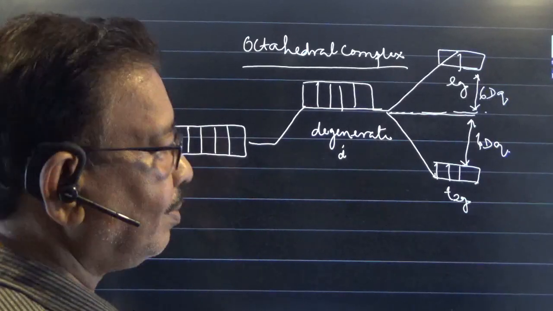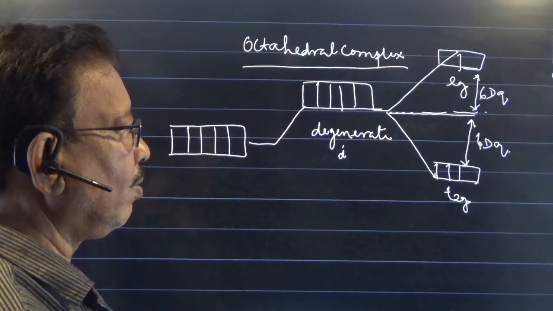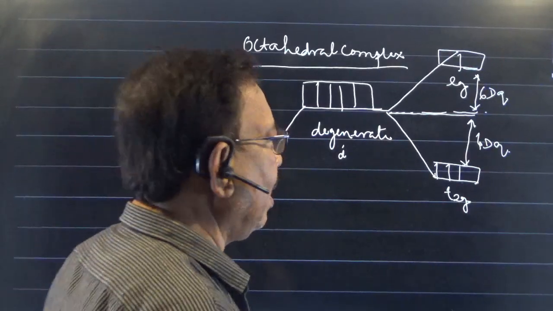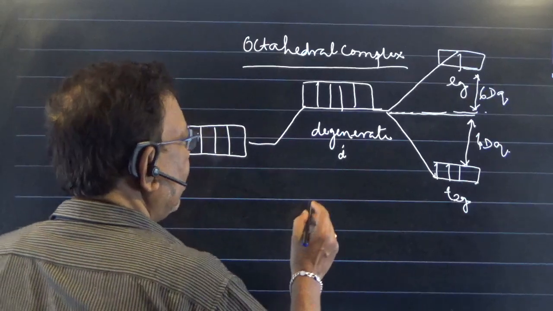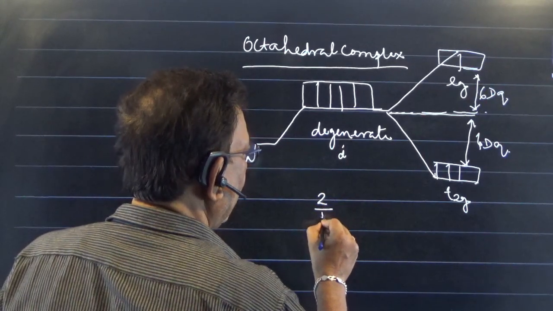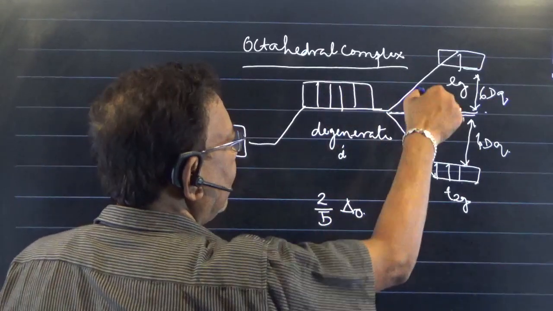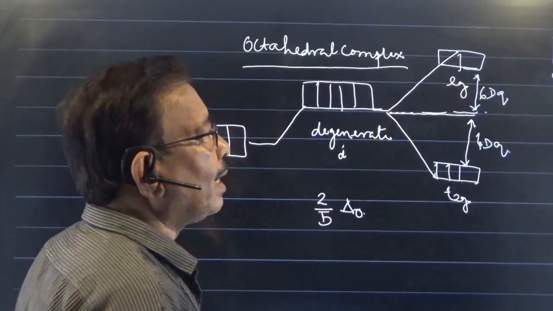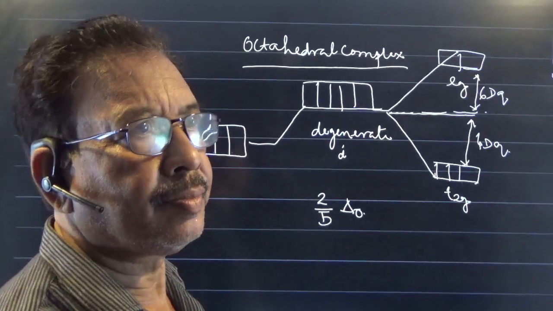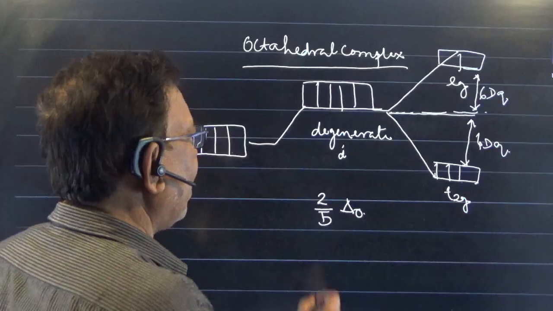Sir, what is dq? dq is 2 by 5 of octahedral. In the octahedral, there is a splitting. dq is your energy.